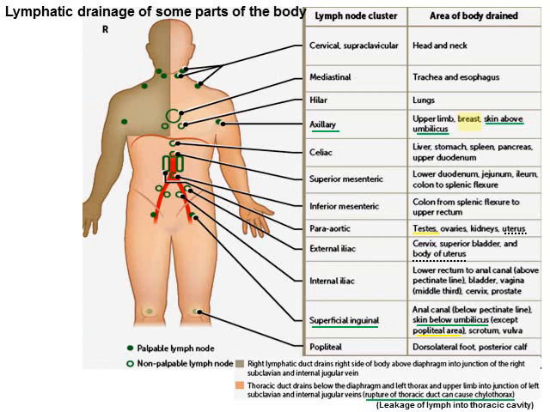External iliac lymph node is for the drainage of the cervix, superior bladder, and the body of the uterus. Internal iliac lymph nodes for the drainage of the lower rectum to the anal canal above the pectinate line, also to the bladder, vagina, the middle third of the vagina specifically, and the cervix and the prostate.